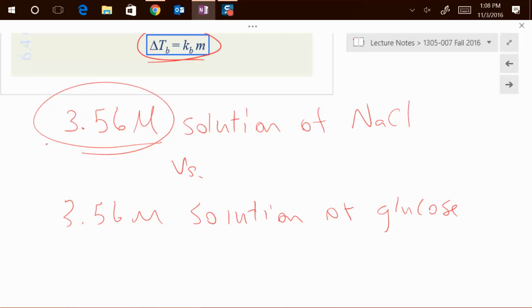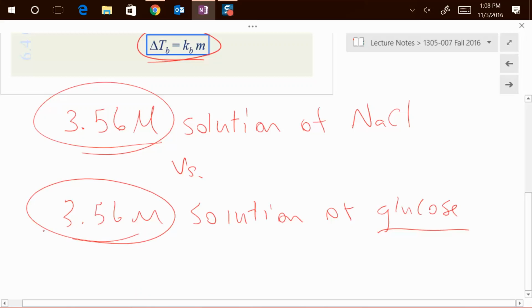Whereas glucose, it's covalent, it won't do that. It stays together as one single thing, so it's going to be 3.56 and stay 3.56. But for this one, I have to multiply by 2 to find the molarity of the particles.